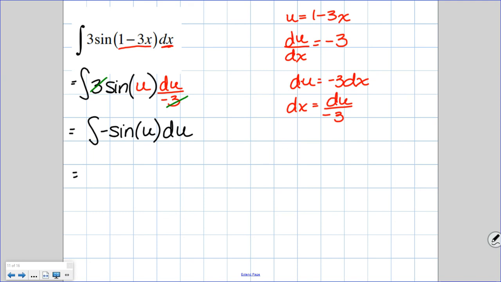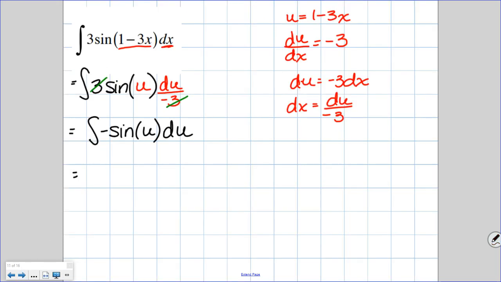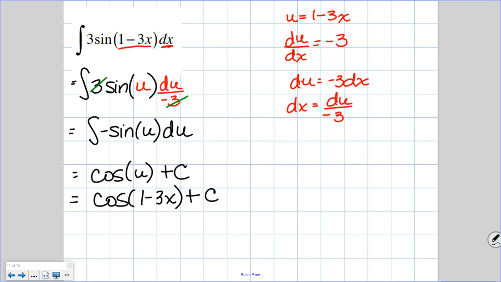So what is the antiderivative of negative sine? Let's see. Well, the derivative of sine is negative cosine. The antiderivative of negative sine would be positive cosine. So I'll say this is cosine of u plus the constant. Substitute back in for u. So this is equal to cosine of 1 minus 3x plus my constant.